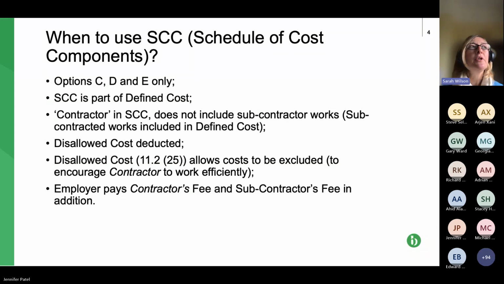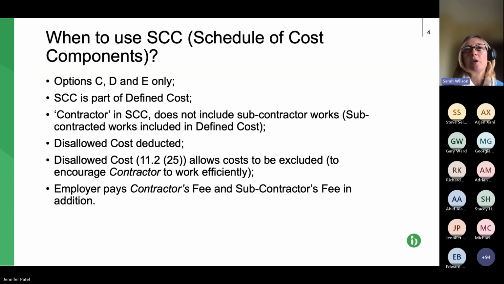And this is one of a number of what I would call checks and balances. Contractor, subcontractor can claim X, but the checks and balances are that they've got to work efficiently. The paying party isn't required to pay for inefficient working.